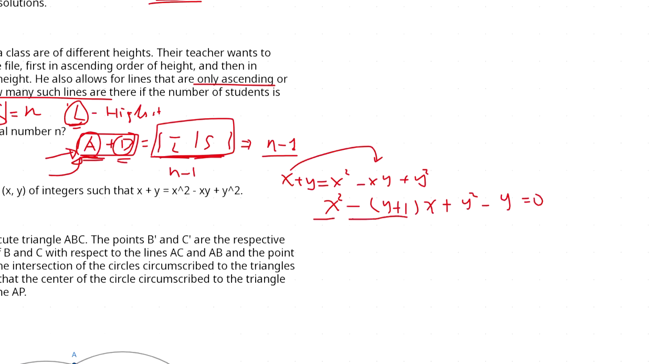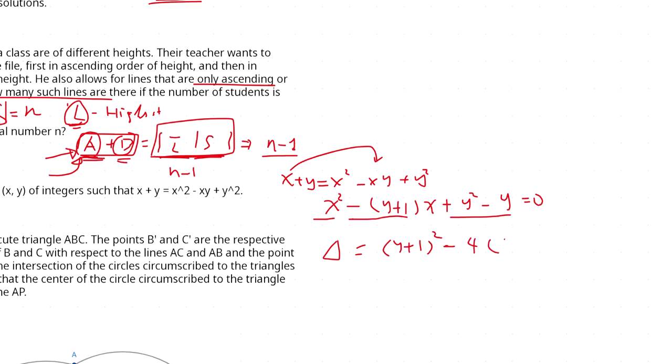For such an equation, if we want to have real solutions, the discriminant must be non-negative. So we calculate the discriminant: (y plus 1) squared minus 4 times (y squared minus y).